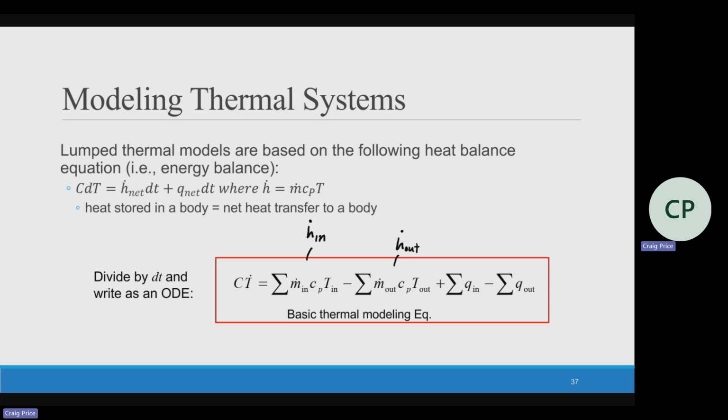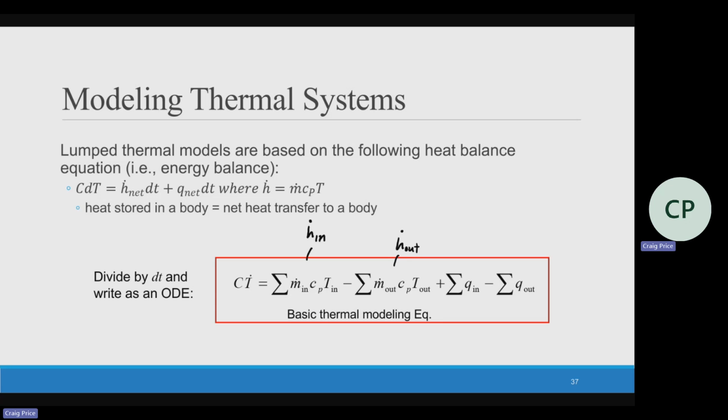So if I have mass flow rate coming in, if there is a fluid coming in with its own temperature, that's where we're going to use these ones. If something's flowing out, same thing. And then anything that's strictly just heat, that's my sum of Q ins minus sum of Q out. So to get this model, again, our output that we care about is the temperature.